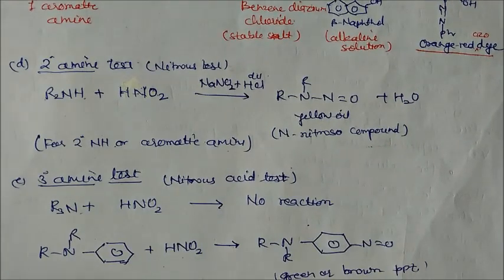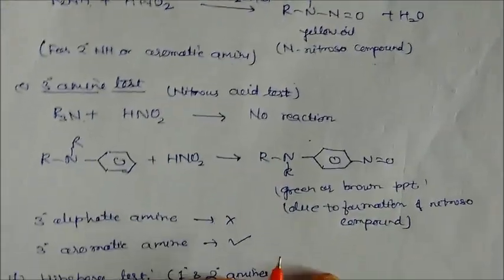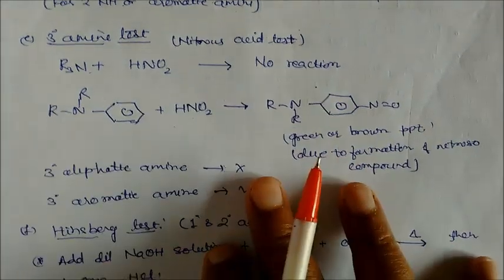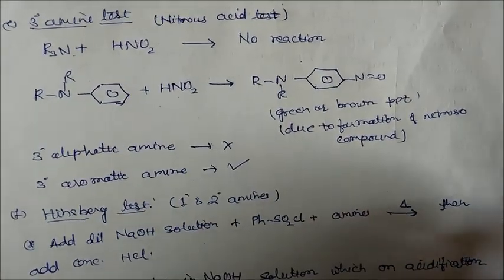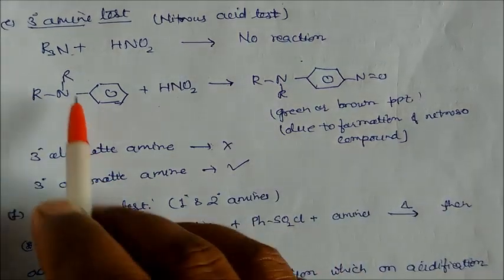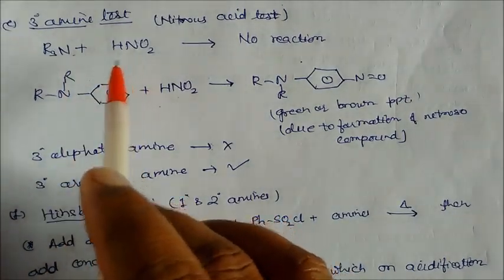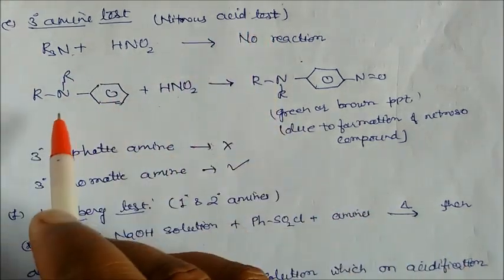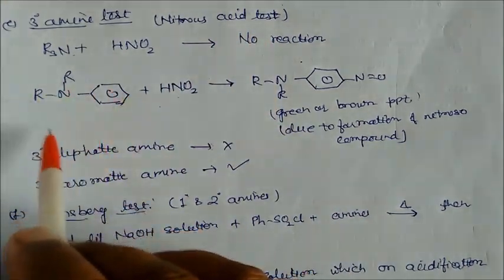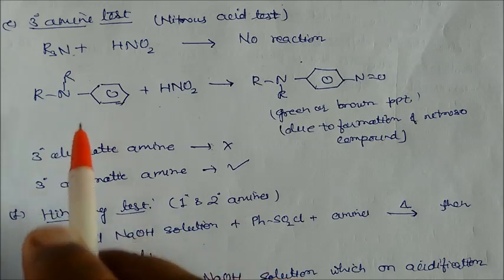Second is your tertiary amine test. In tertiary amines, again you can use the nitrous acid test. Tertiary amine plus nitrous acid: what will happen? An aliphatic tertiary amine will not react with nitrous acid.